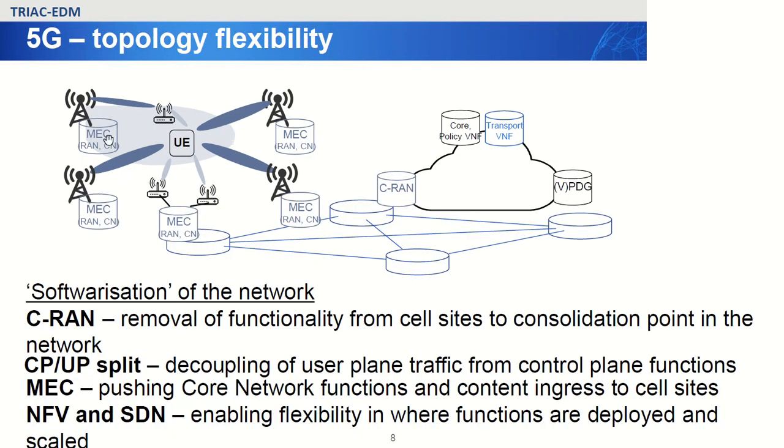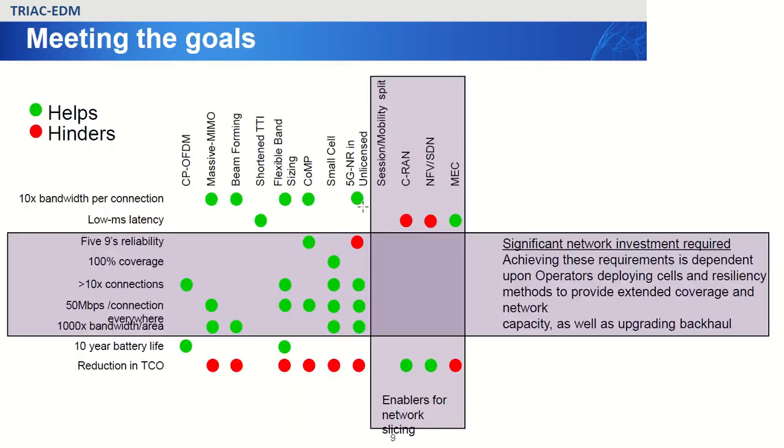And also the topology flexibility. Topology needs to be flexible so that it can accommodate different scenarios. And meeting the goals, you have those low latency connections, data rate requirements, and you have these technical requirements, and then significant network investments.